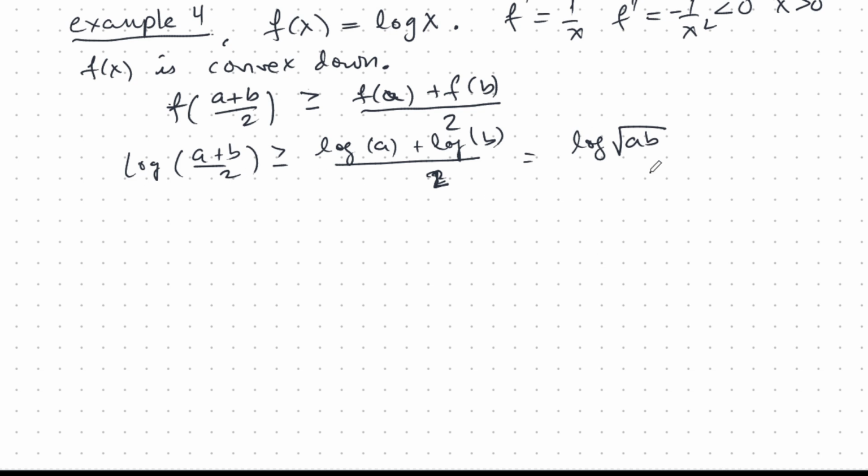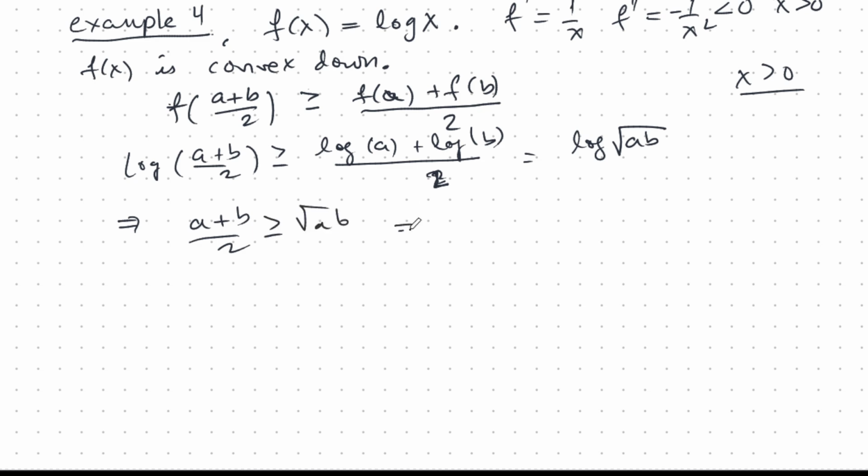Now I take away the logs. The a and b are positive numbers; we have chosen x greater than 0 as our domain of convexity. So I end up with (a plus b) over 2 greater than or equal to root ab.